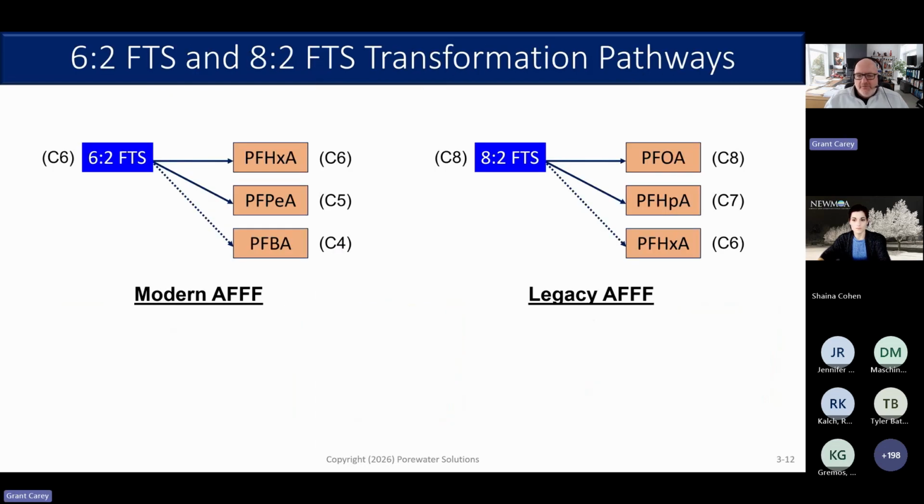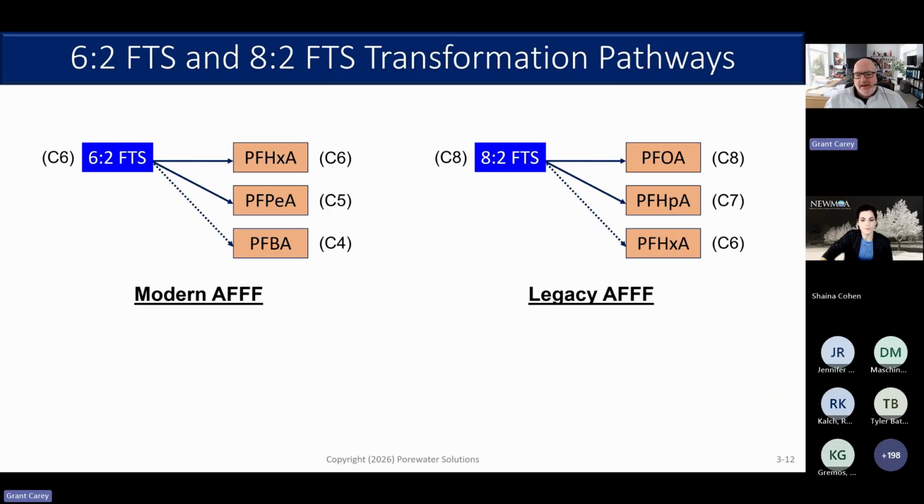And then in terms of AFFF impacted sites, a lot of the work I do is at AFFF impacted sites. We tend to see high concentrations of at least one of 6:2 FTS or 8:2 FTS. These are from fluorotelomer-based AFFF products. And you can see their transformation products when they do biodegrade, typically under aerobic conditions. They biodegrade each to 3 different daughter products.